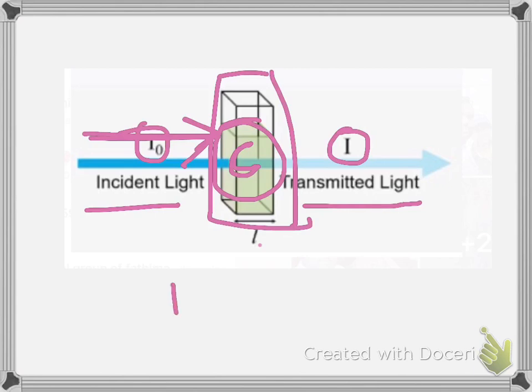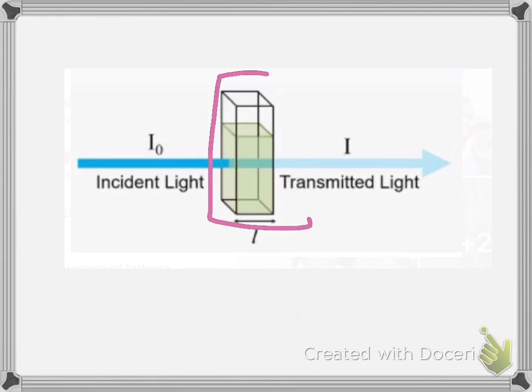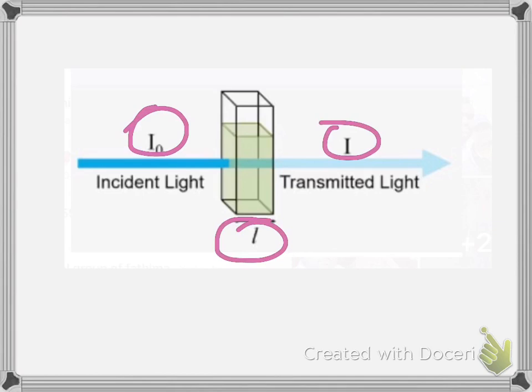The relationship between I and I0 depends on the path length L. This is the path length. The relationship between I and I0 depends on the path length of the medium and the concentration of the absorbing solution.